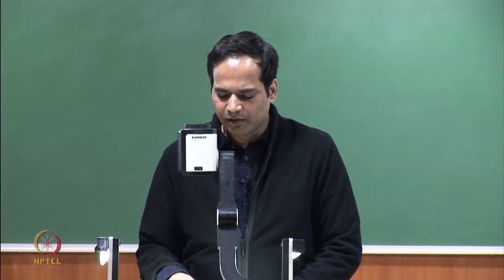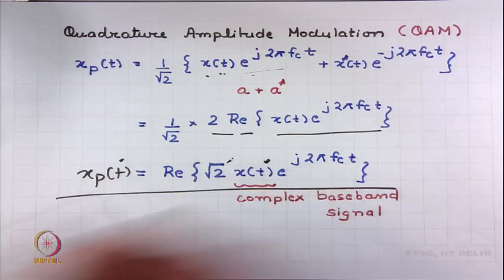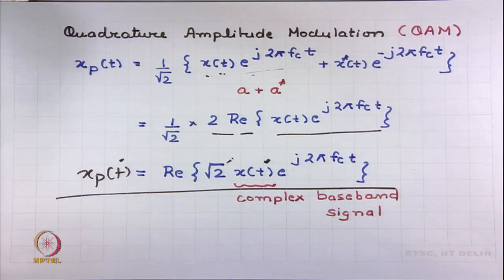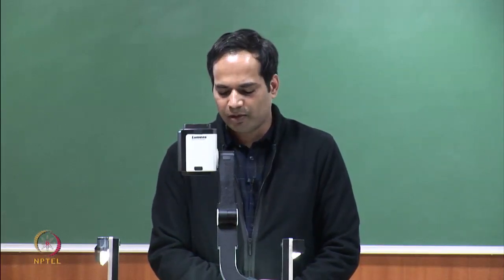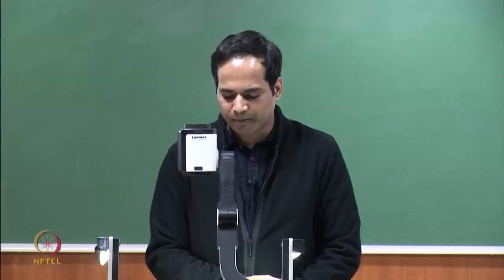We have seen that the energy of the passband signal is the same as the energy of the complex baseband signal, and to make that equivalence we have introduced this scaling factor of root 2. So, if you have forgotten about this complex baseband to passband conversion, I request you to look again at lectures number 19, 20 and 21, where we have dealt in detail with this equivalence of passband and baseband signal. Okay.